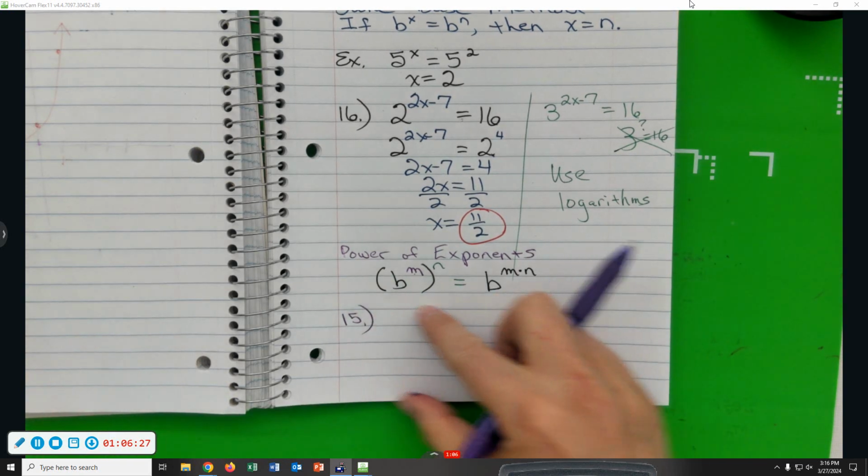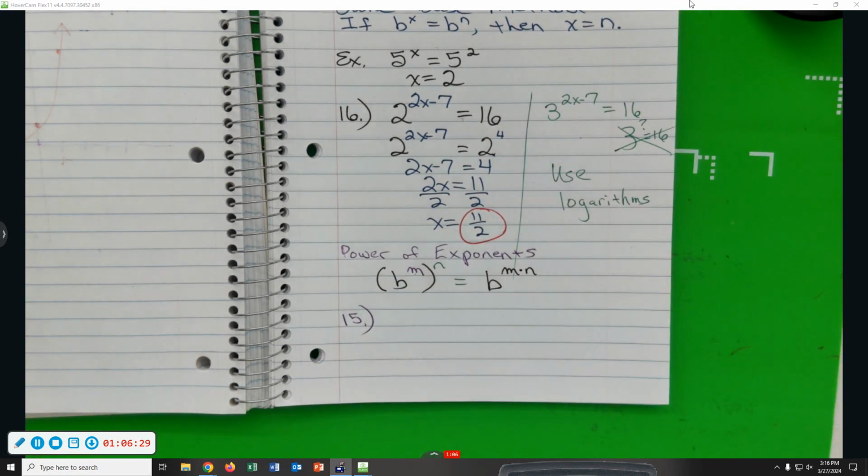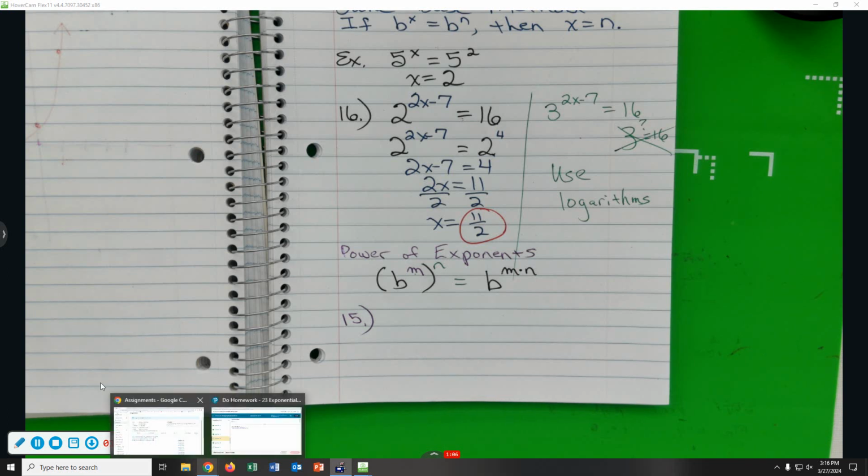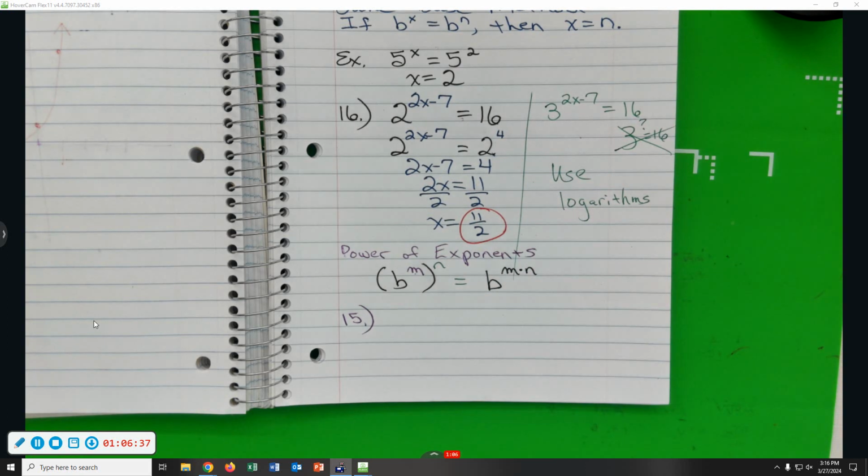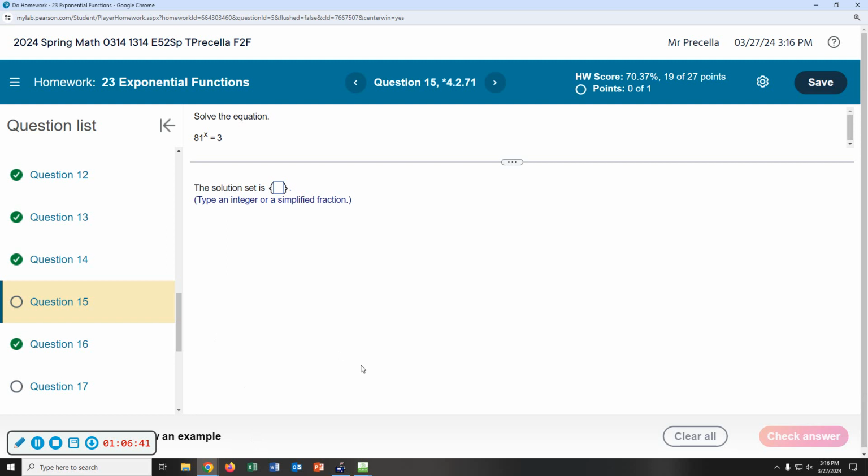The fact that I have this little bit of room here should make you a little more optimistic. It can't be that long if I can get it done in such a small amount of space. So 81 to the x is equal to 3.